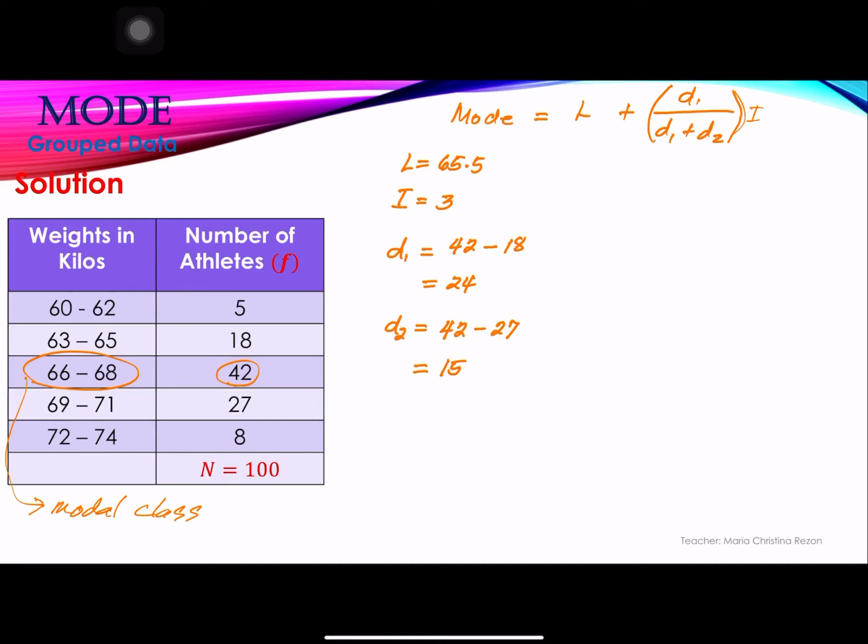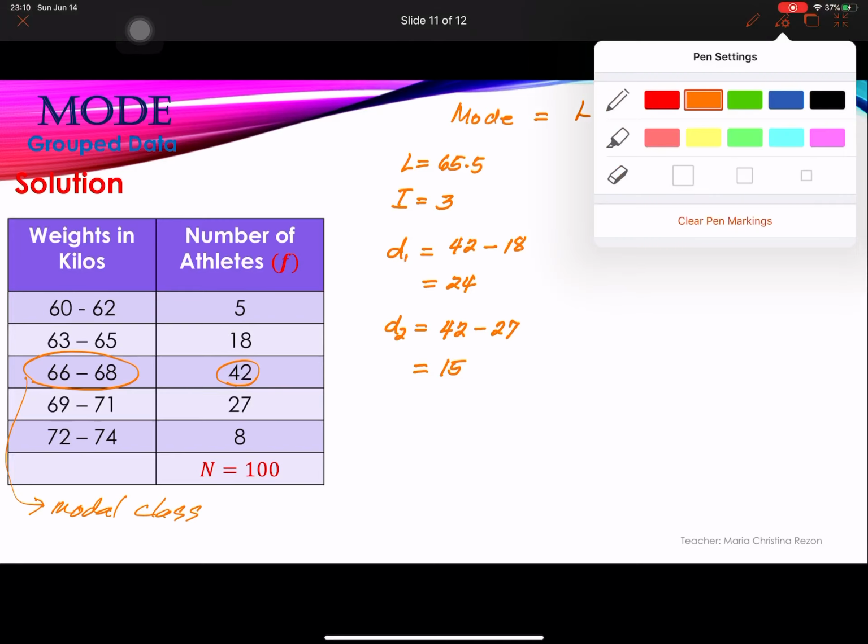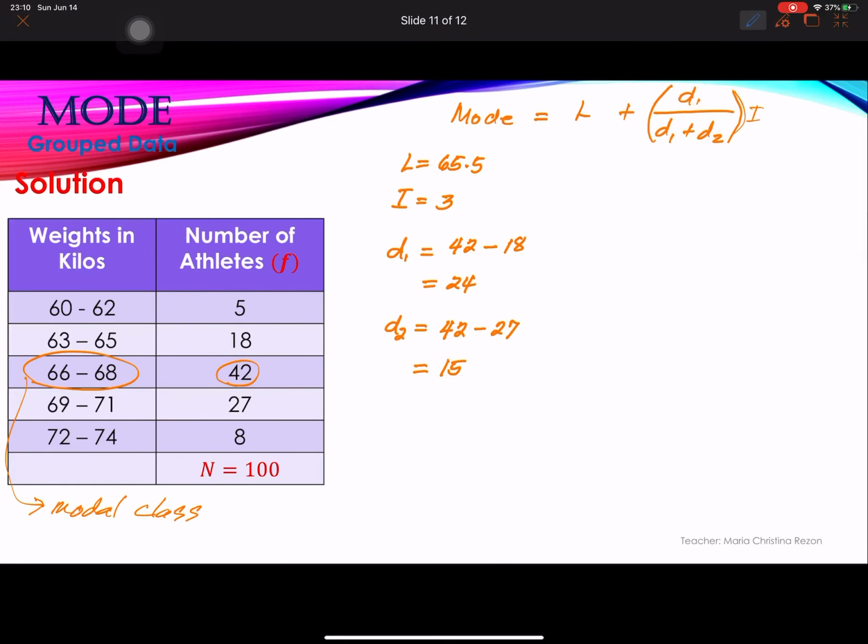So let's have MO, which stands for mode, is equal to L, which is 65.5, plus D sub 1, which is 24, all over 24 plus 15, times your I, which is equal to 3.